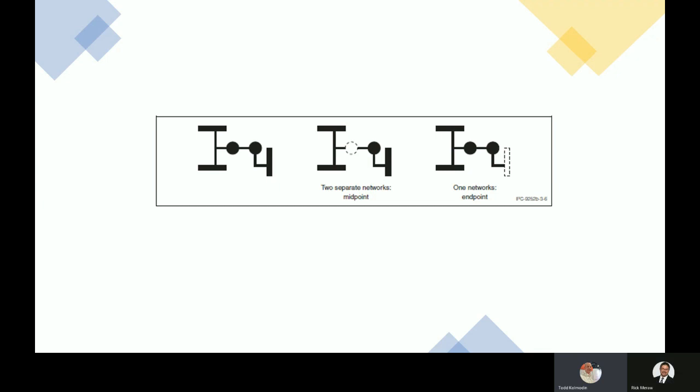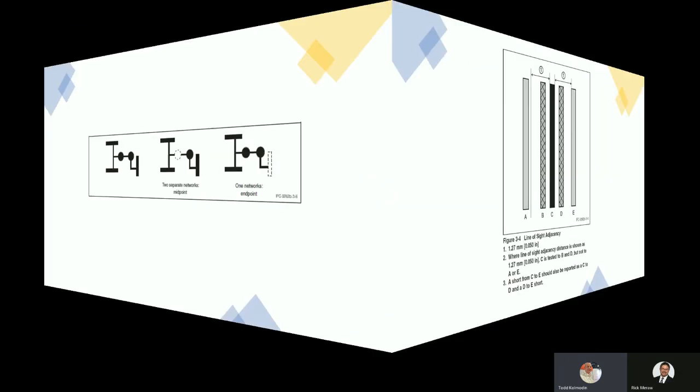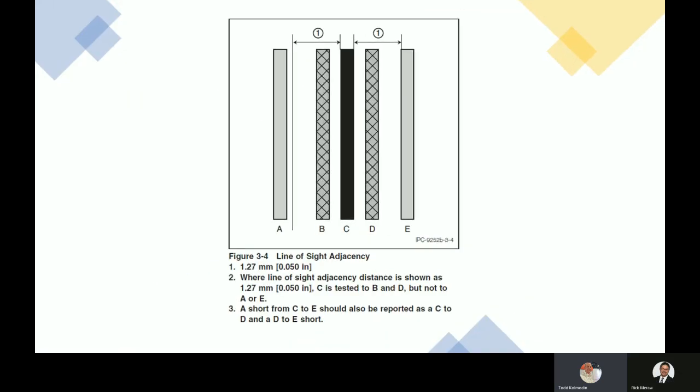Very good, Rick. That's a good explanation of a net list and how we do some optimization. We have 2 different modes of test, which we call fixture testing, and then we also talk about flying probe testing. Historically with a fixture test, you're using a full parametric test where all of your nets, as Rick just explained, are tested at the same time, and net 1 is tested against net 2 and net 3 and net 4 and so on.